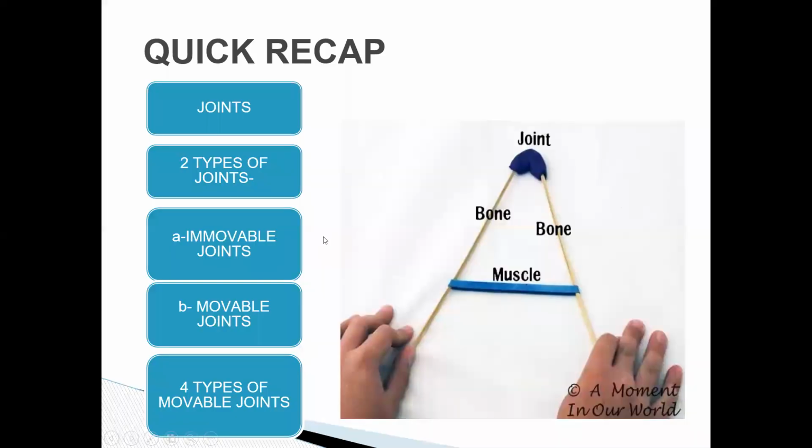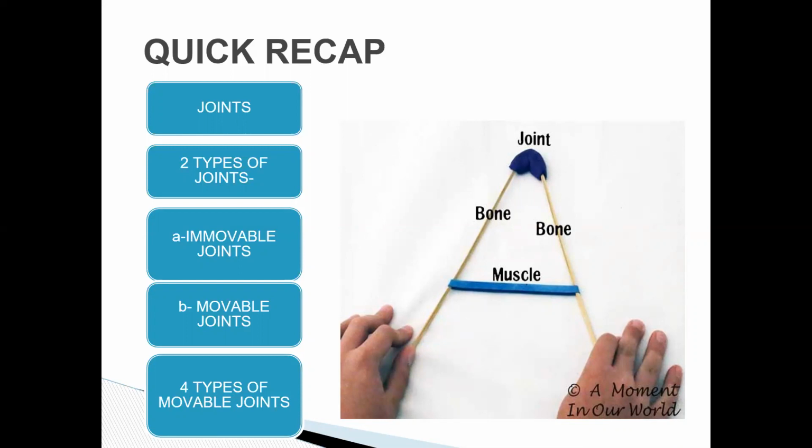Then skeleton is having different types of bones. Bones are connected with each other through joints. You can see in the picture, two bones are there and they are connected with a joint, and muscle is helping in keeping the bones at their proper place.